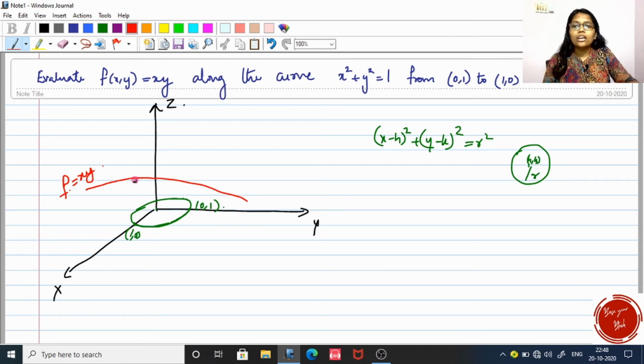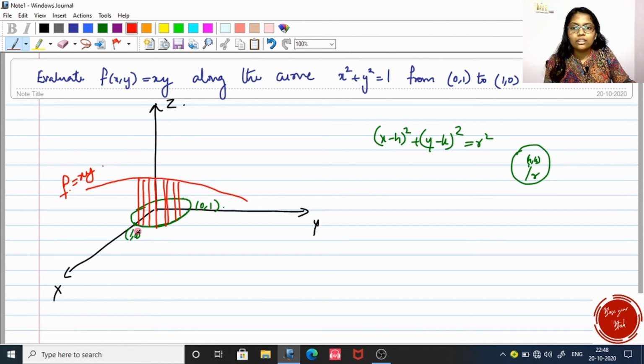Now as I said, you have to drop lines from this function, and since it is given that we have to find the integral along this curve, let us drop the lines from this function perpendicularly along this curve. Or it's just like a fence that we raise from this green color boundary.